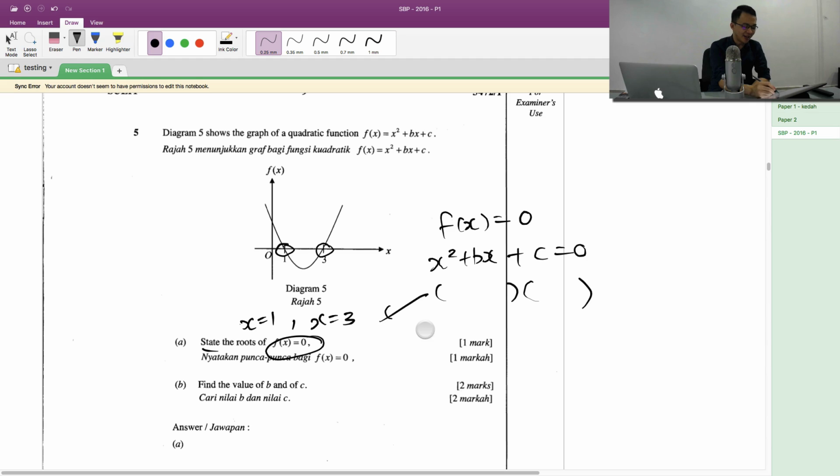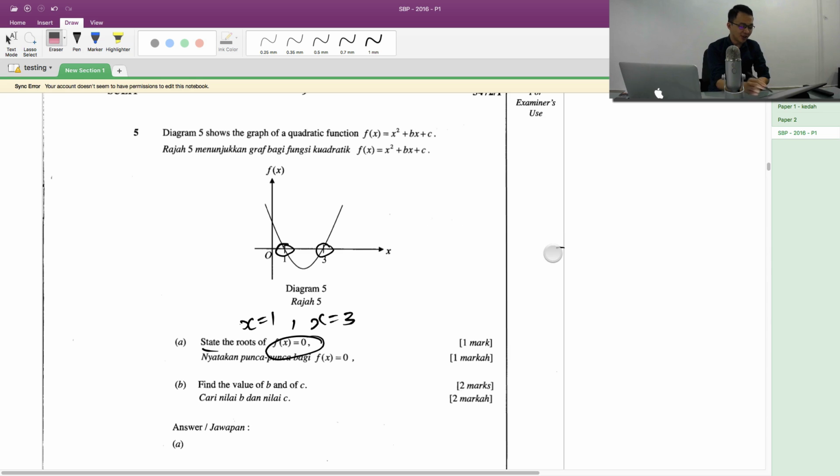This is how we actually get the roots of x. But this one is just 1 mark, so you don't need to do so much. Whenever the question asks you to find the roots of f(x), that is f(x) equals 0, something like y equals 0, you need to find your answer on the x-axis.